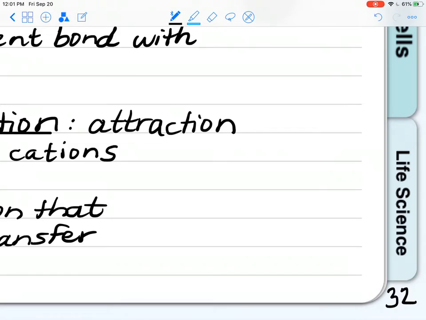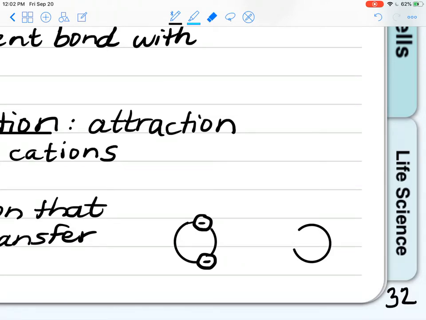Let's suppose that we have 2 atoms and they're not connected. And that this fella has 2 electrons and this guy has none. Okay, so this fella's over here, he has none, but he's looking for one.